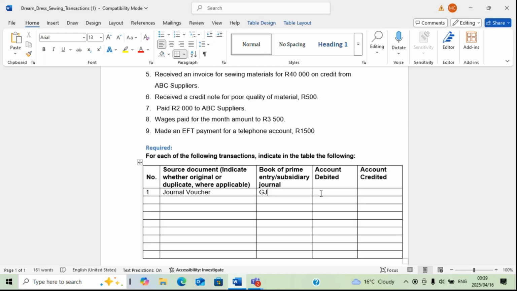Machinery is an asset, and since the machine was contributed into the business, there's an increase in machines. The principle says whenever an asset increases, we must debit, and whenever it decreases, we must credit. So the machine is an asset and is increasing. It means we must debit what? Machinery.